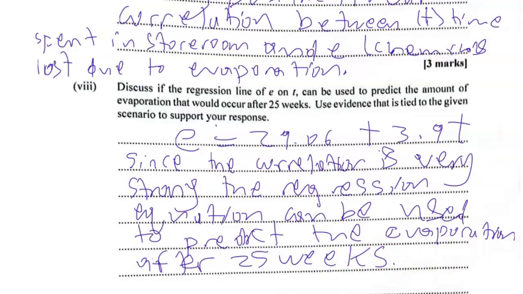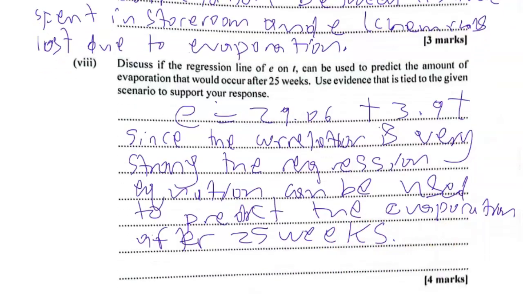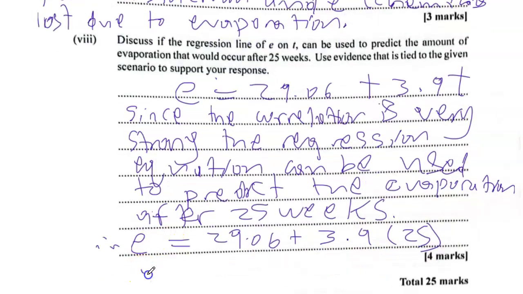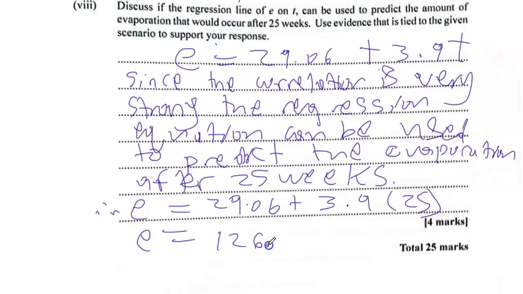And of course, we can use a formula. So therefore, E would be 29.06 plus 3.9 times 25, remembering that T represents time in weeks. And we'll end up with 126.56 milliliters.